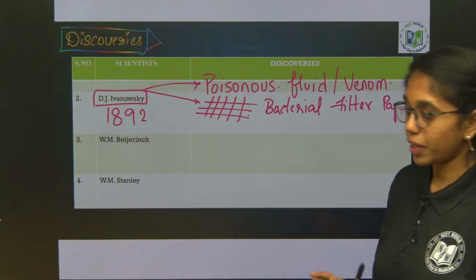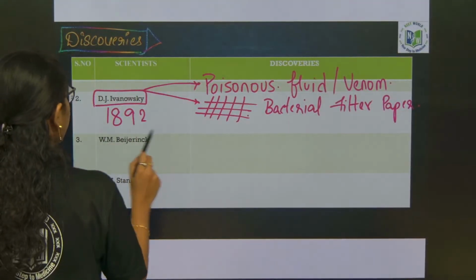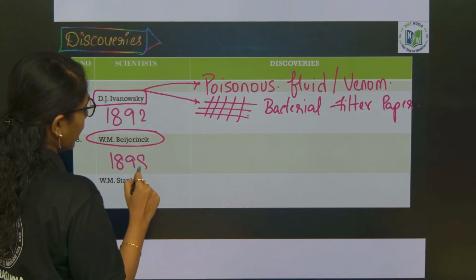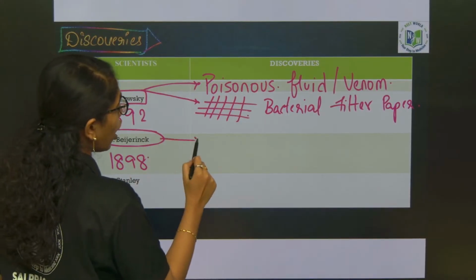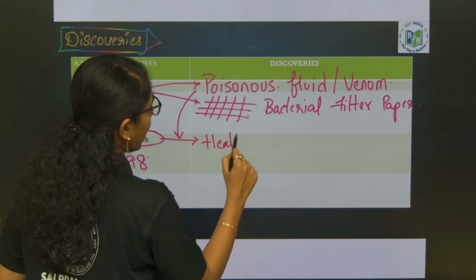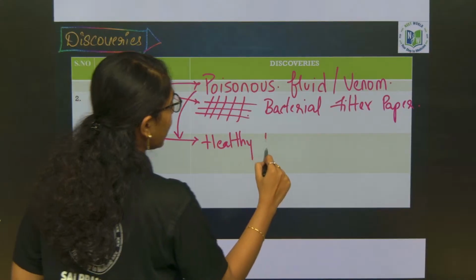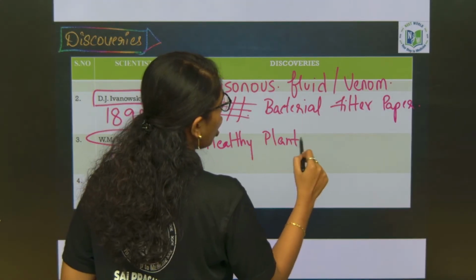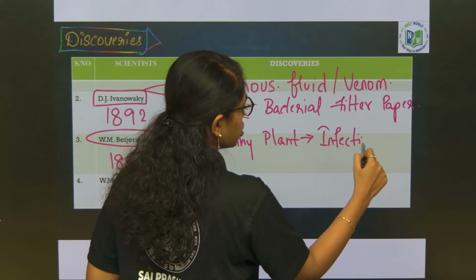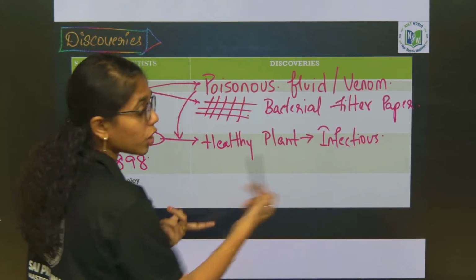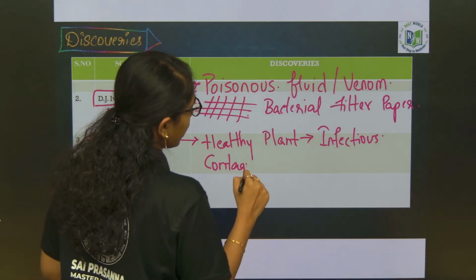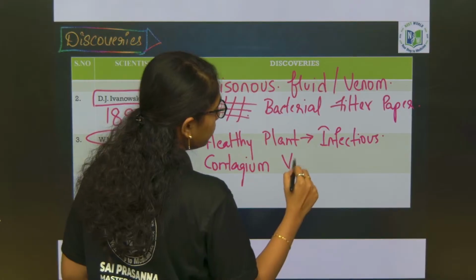Continuation of his experiments was conducted by W.M. Beijerinck in the year 1898. He said that this poisonous fluid, when transmitted to a healthy plant, also becomes infectious. This phenomenon he explained under contagium vivum fluidum.